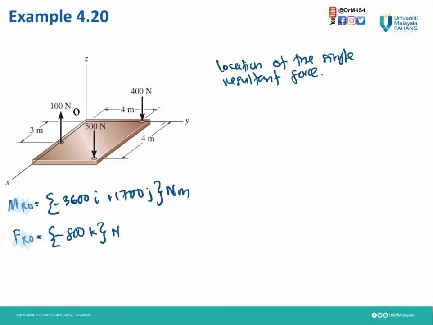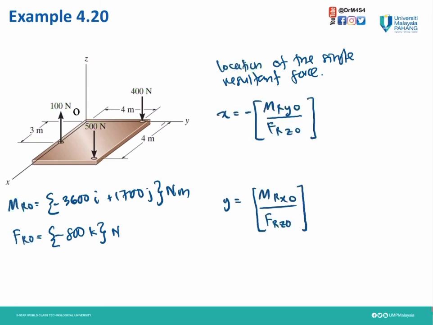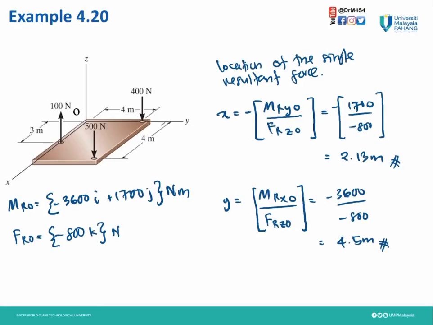Then we need to identify the location of the single resultant force due to 100, 400 and this 500. For that, we can use this formula for X and for Y. So substitute those values. For example, for MRY in the Y direction, so 1700.